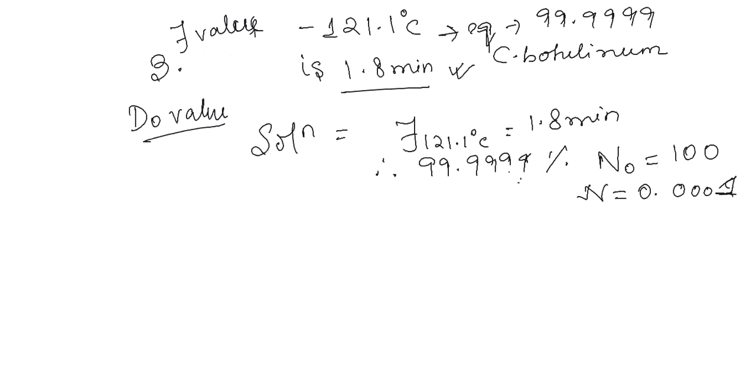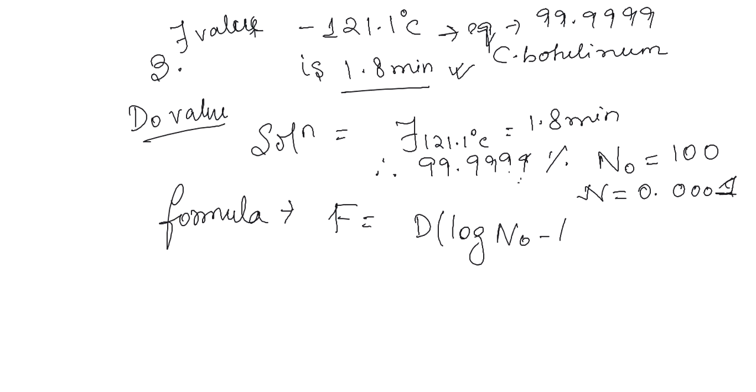Then we put the formula: F equals D times (log N0 minus log N).